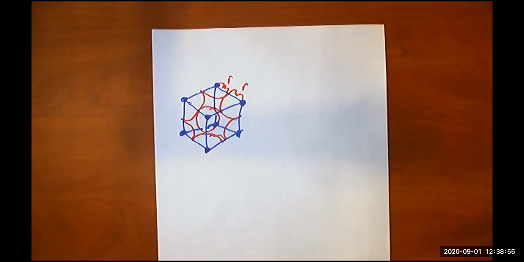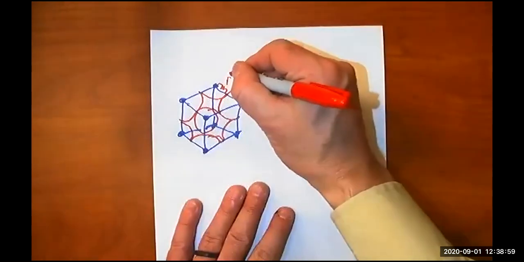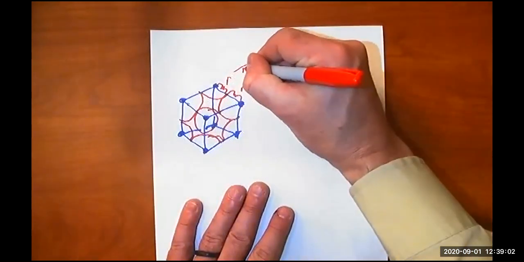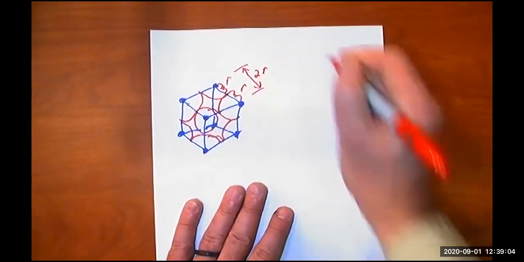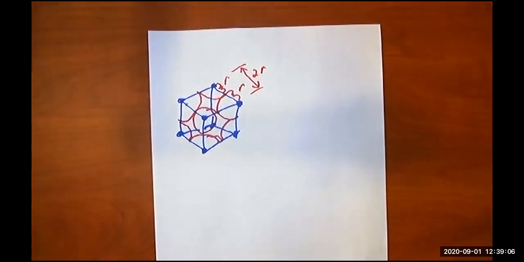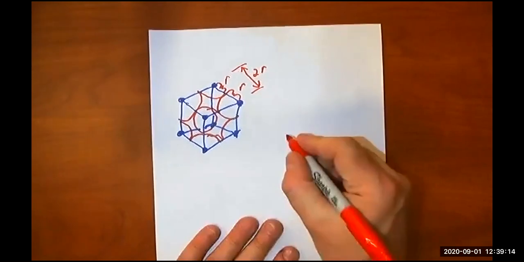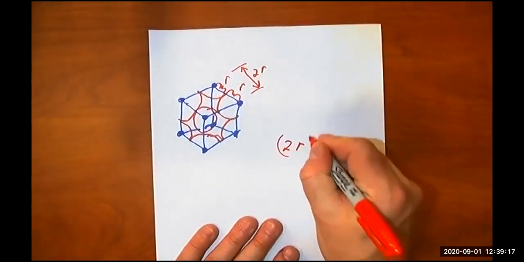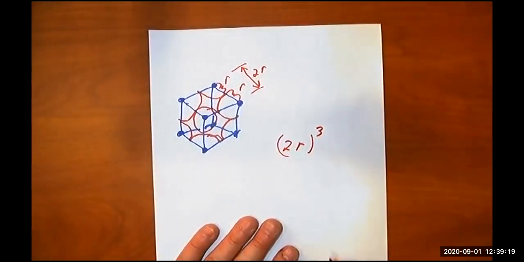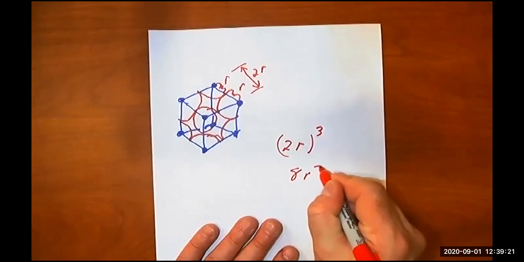So what is the length of side of this cube? 2r. Okay. So if it's a cube, what is the volume of that cube? 2r, the quantity cubed. Okay. Or 8r cubed.